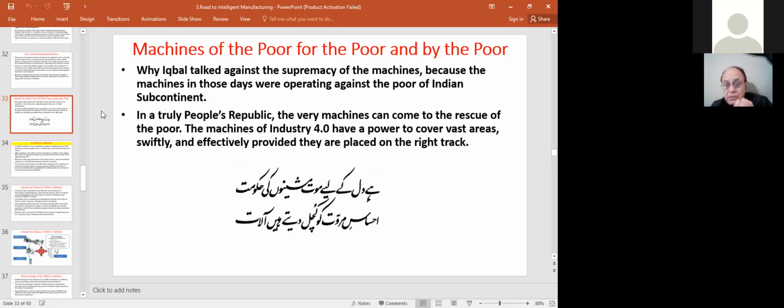But today, the situation is completely different. Today, the same machines can be useful to us because we are the users of the machines, and we can use them for poverty reduction and for bringing livelihood to our common man in the rural areas as well as in the urban areas.